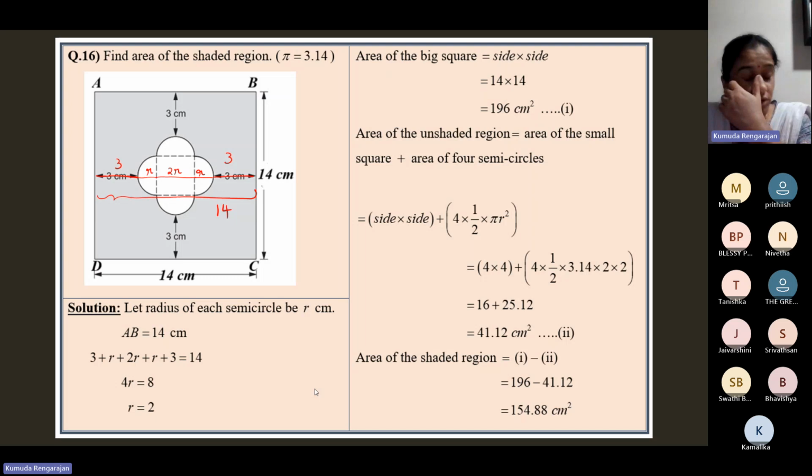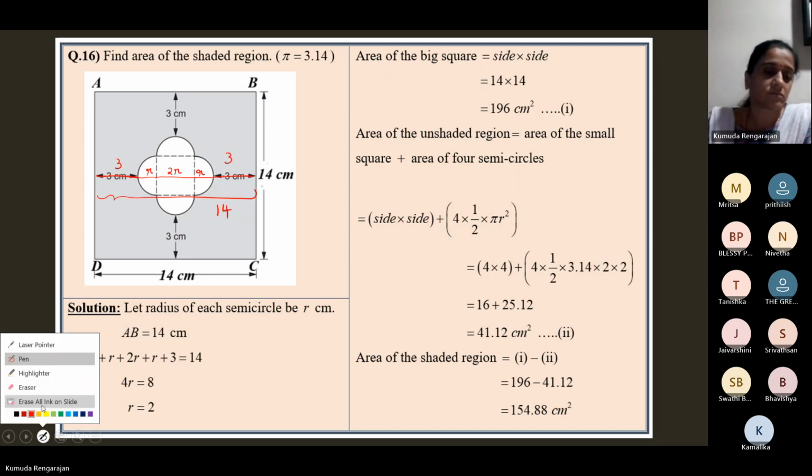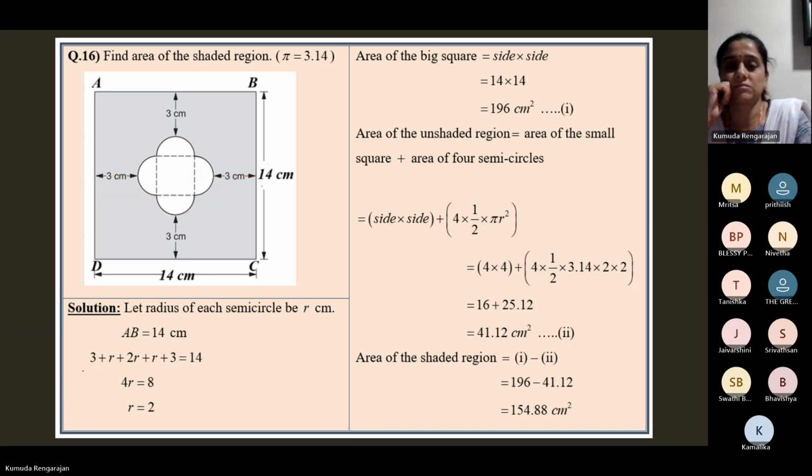Have you written the question, taken the diagram and the answer? I have to draw the diagram. Okay.